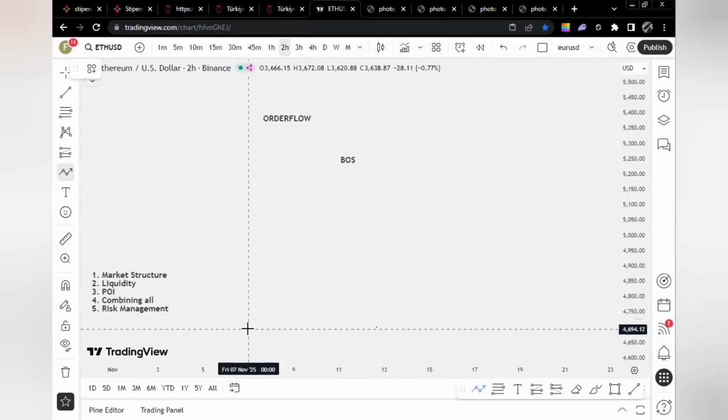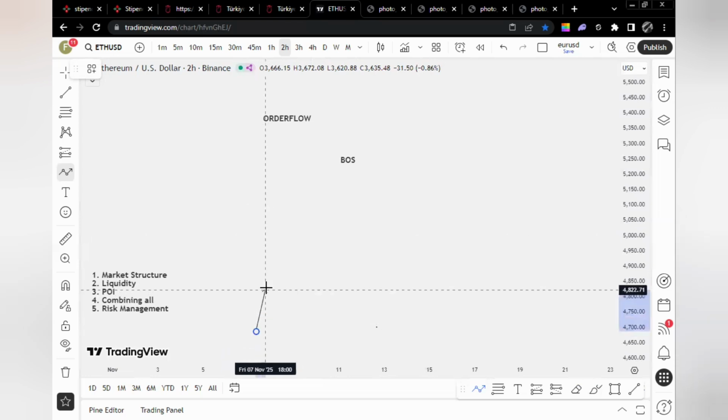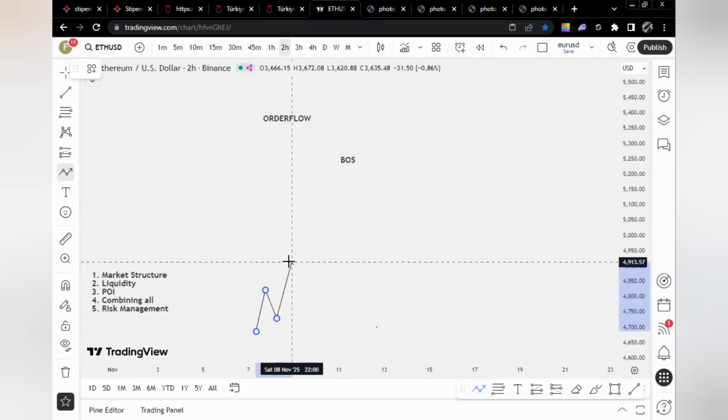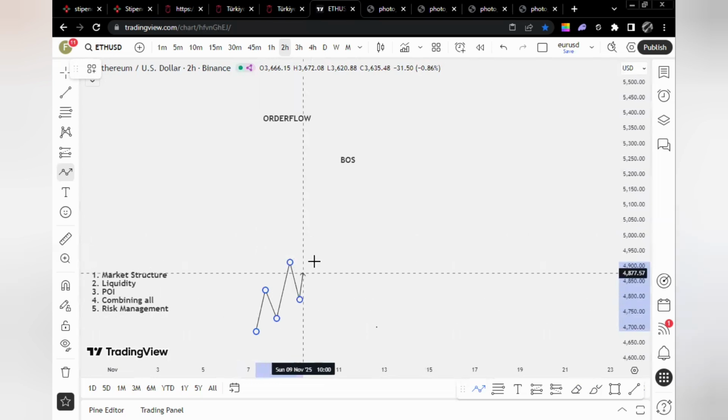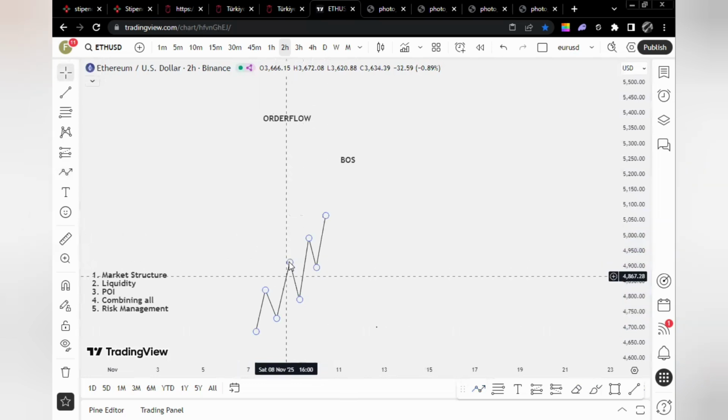Great. Now, a break of structure occurs when the price of an asset moves beyond a higher high, or higher low, or lower low, sorry. So for a bullish trend, when market is going up, you have price doing this. Before price created this higher high, what did he have to do?